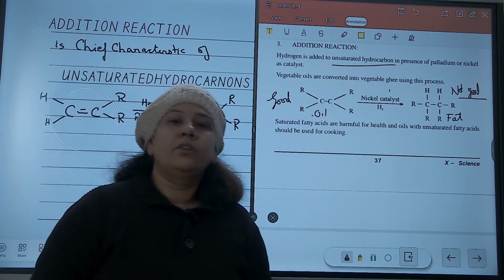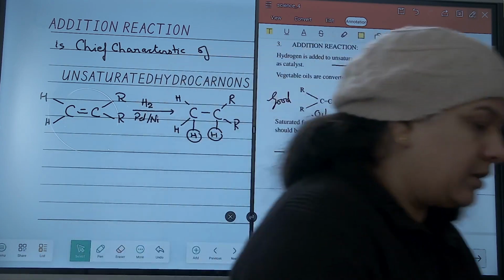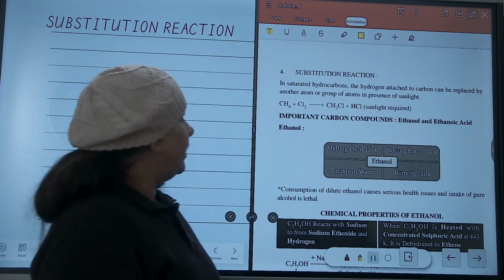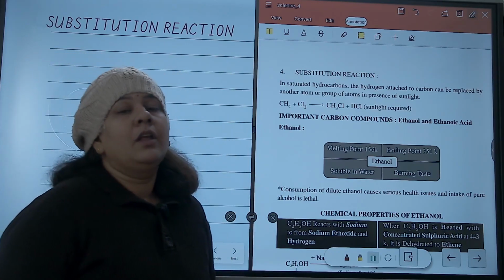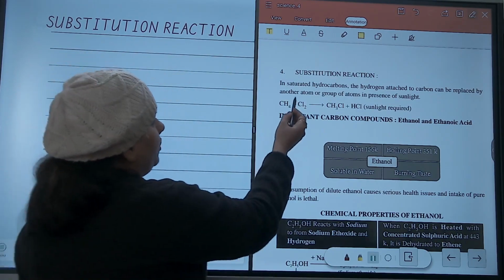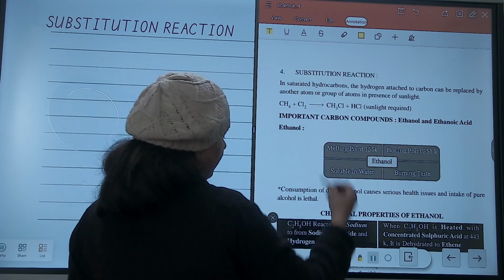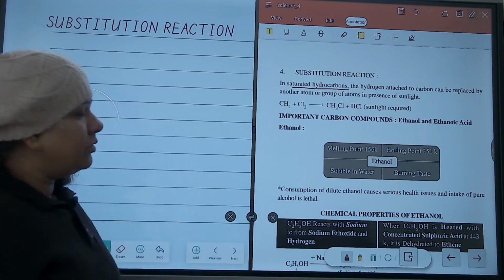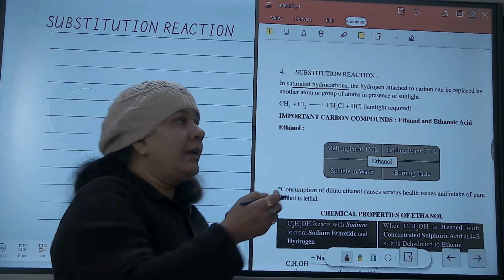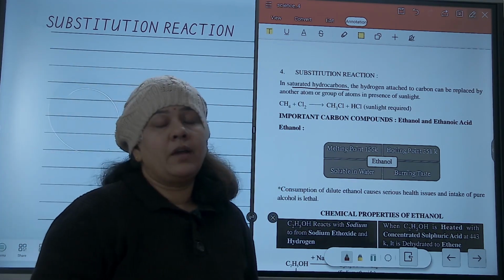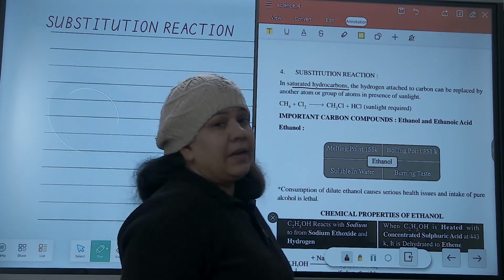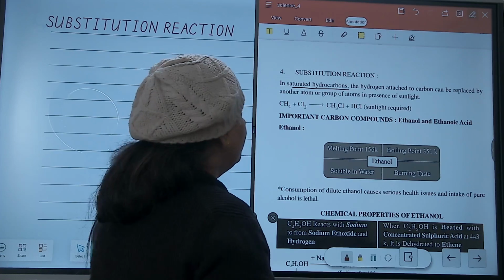Next we take the substitution reaction. Substitution reaction is the chief characteristic of saturated hydrocarbons. This question is often asked: substitution reaction is shown by what kind of hydrocarbon? That is, saturated hydrocarbons.